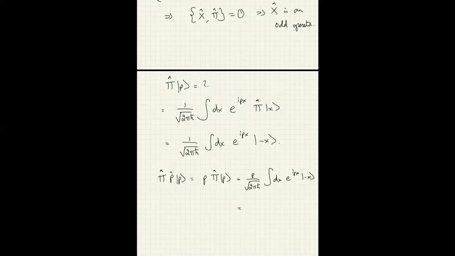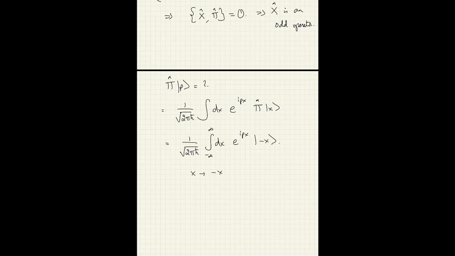Okay, now let's pause and go back to this step. Let's try to understand what this quantity is before proceeding. Notice that in this equation, I can simply do a change of variables. x goes from minus infinity to plus infinity. If I do a change of variables where x goes to minus x, this changes to e to the minus ipx.